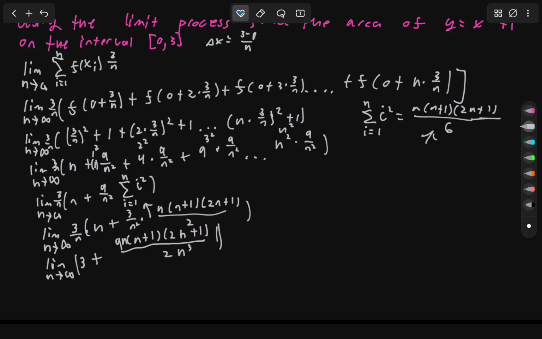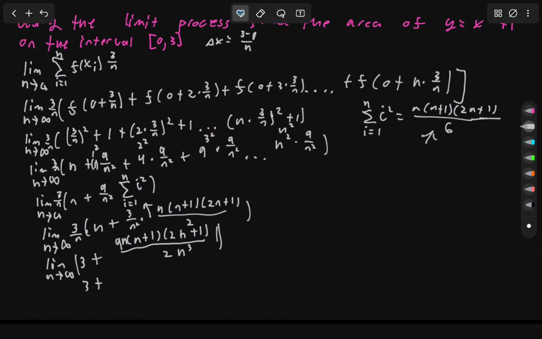So now, as we take the limit as n goes to infinity, this 3 is just 3. It doesn't have any n's in it, so it doesn't change. But we have to look at the terms that do. And inside of this function, the terms that are going to dominate are going to be the highest degree polynomial, or really the coefficient of the highest degree polynomial.